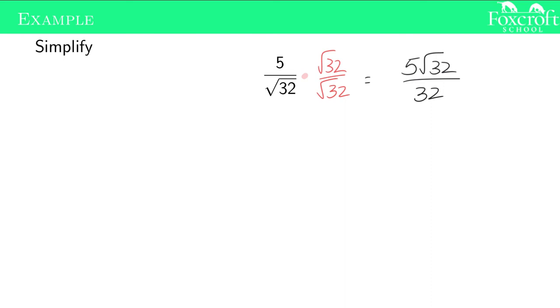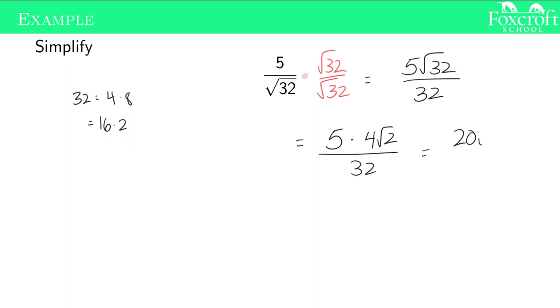And we said to do a bit of simplifying. 32, let's see, is 4 times 8. Actually, we can even do it better. It's 16 times 2. So 32 is 16 times 2. I can rewrite this as 5 times 4 square root of 2, because the square root of 16 is 4, which is 20 square root of 2 over 32.